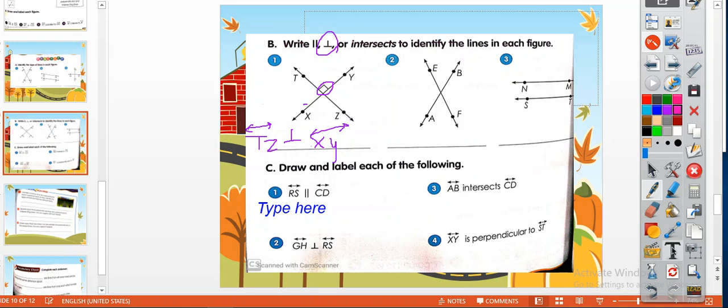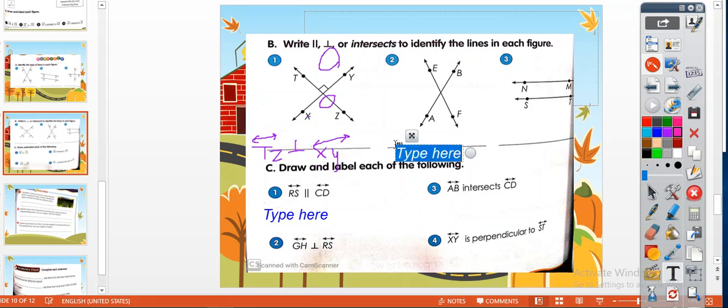What about this one? Those lines are intersecting, so you'll just write AB intersects EF. Excellent.